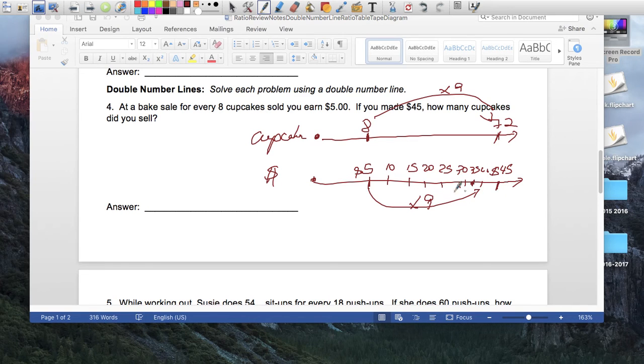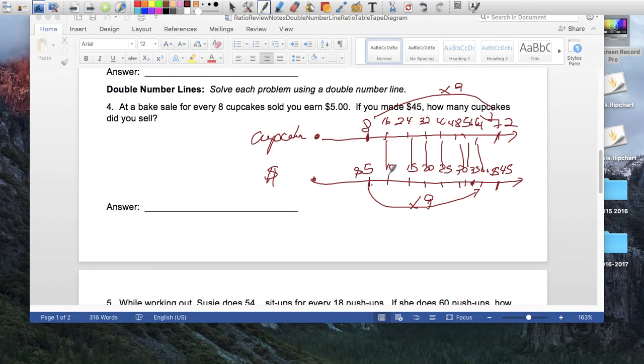And then on top, you count by 8s: 8, 16, 24, 32, 40, 48, 56, 64, and you'll see that these match. Okay, and then 72. That would be your complete number line.